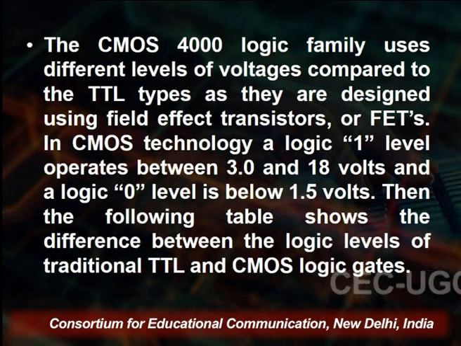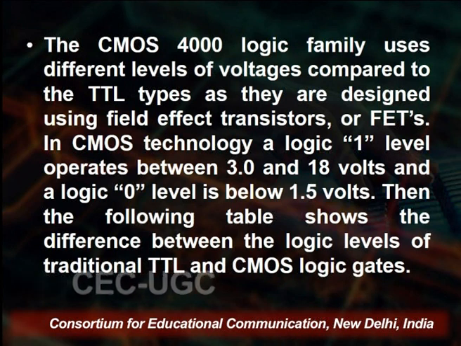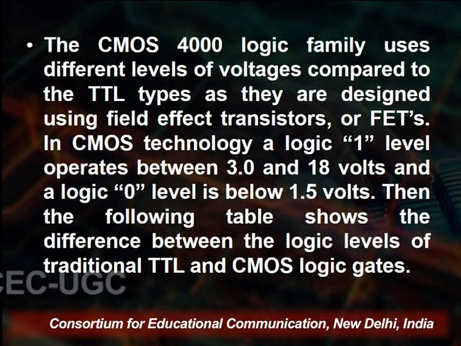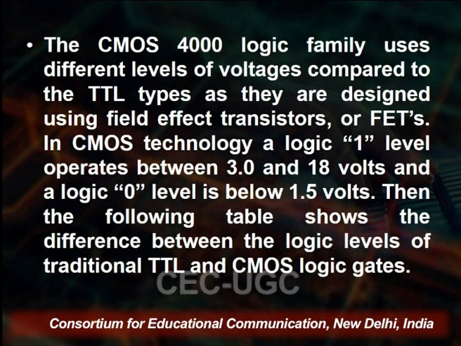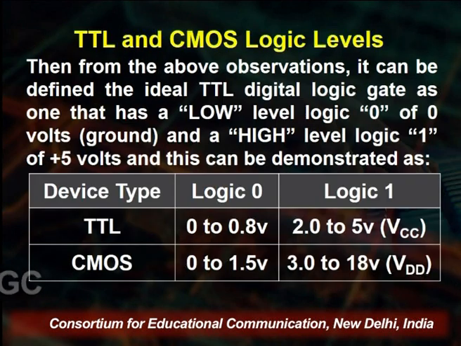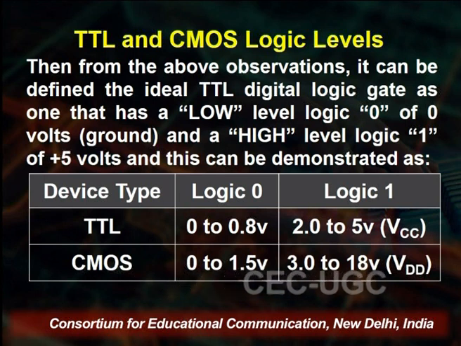In CMOS technology, logic 1 operates between 3.0 and 18 volts, and logic 0 below 1.5 volts. Again, repeating, in CMOS technology a logic 1 level operates between 3 and 18 volts and a logic 0 level below 1.5 volts. The following tables show different types of logic gates, traditional TTL and CMOS logic gates. You must know this table.